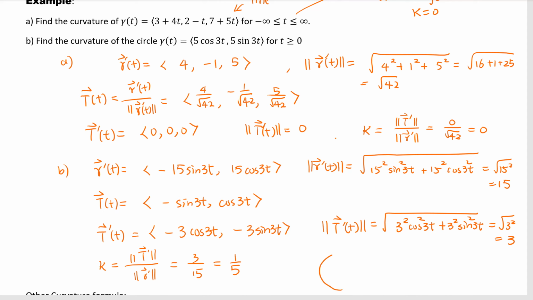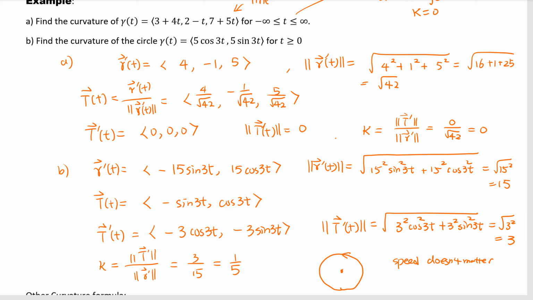Why is that? So think about a circle. When it goes around here, the curvature is fixed because when we measure how we change the direction, it's constant. So we can see the speed doesn't matter.